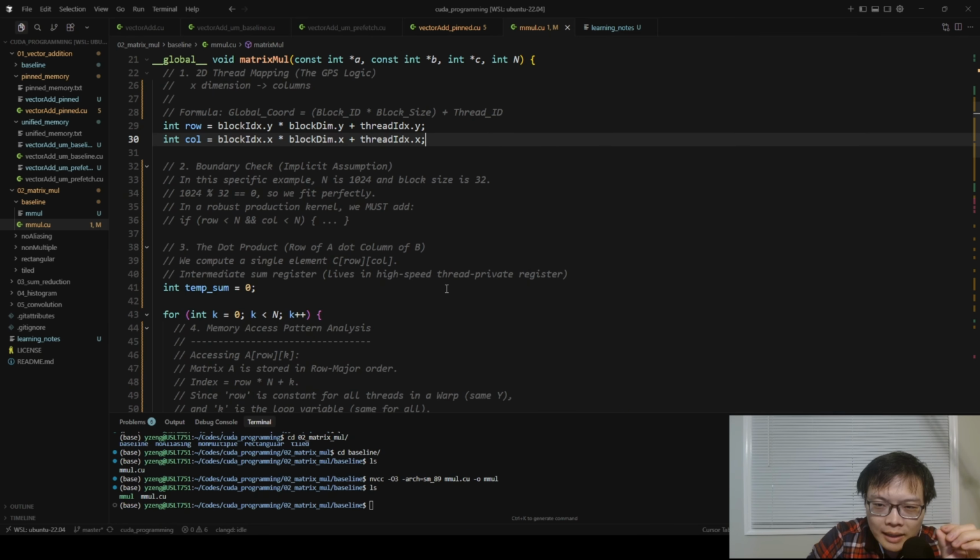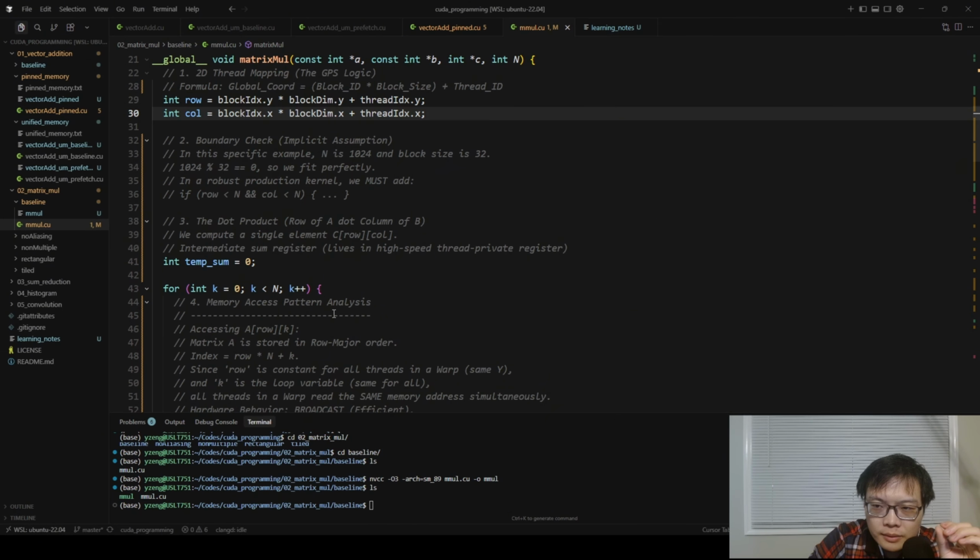We're going to analyze what happens inside the hardware during a single loop iteration. Let's look at a single warp. This is 32 consecutive threads. Suppose we're calculating the first row of the tile. So threadIdx.y is 0 for everyone, and we are all in row 0.